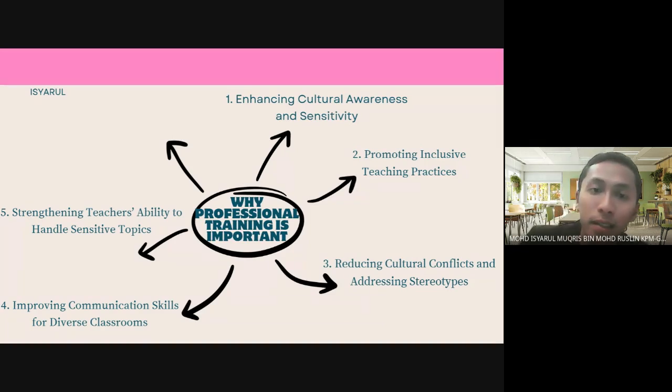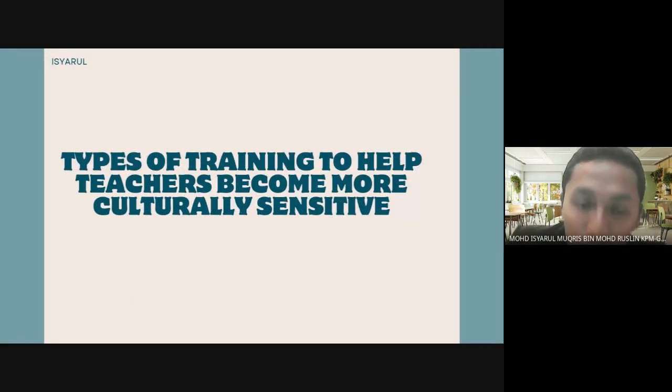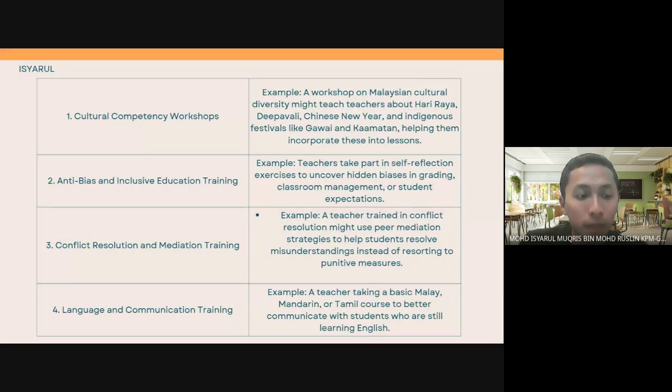Okay, next we have types of training to help teachers to become more culturally sensitive. Okay, the first one is cultural competency workshops. So usually these workshops' main focus is to educate the teachers on cultural traditions or values.